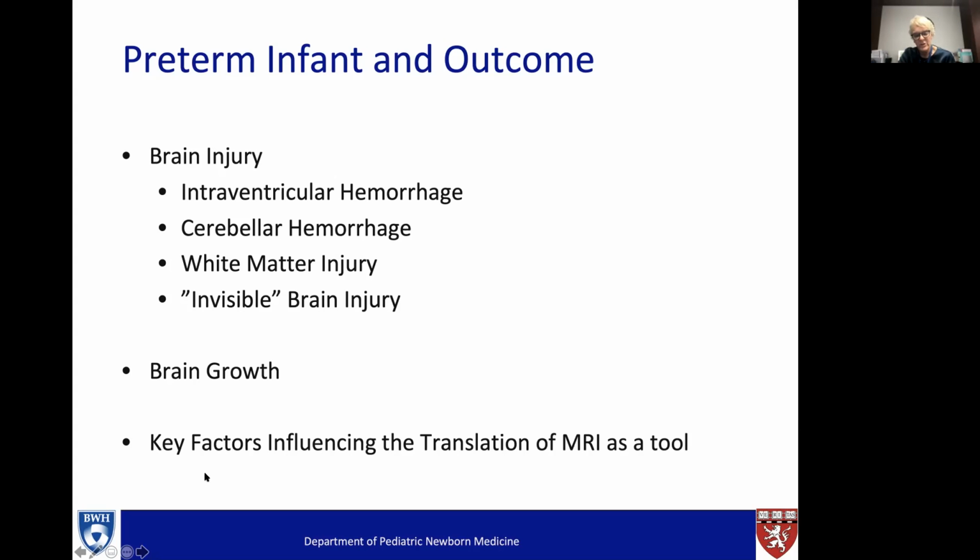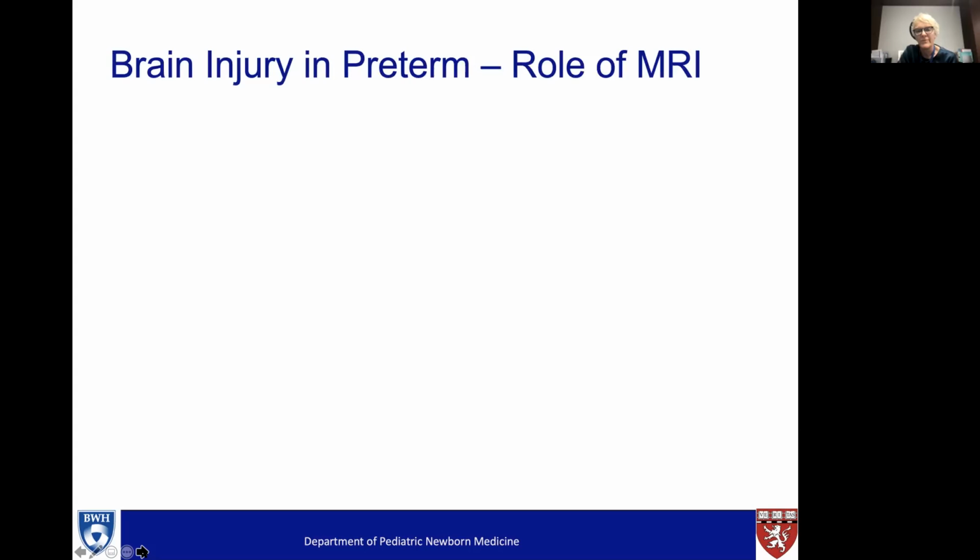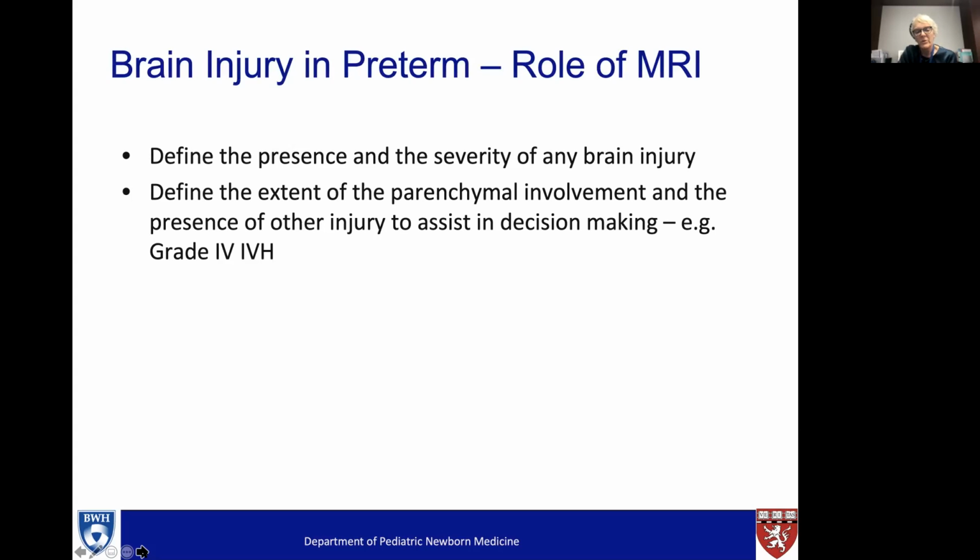Part of the gap between understanding what happens in preterm birth and outcomes relates to brain growth and the fact that we haven't centered ourselves on formally evaluating that. And finally, for both the term and the preterm, there are key factors that influence the translation of MR as a tool. So for the preterm, I really think MR has a role in defining the presence and severity of any brain injury. And this parenchymal involvement may be able to assist in decision-making, such as very extensive parenchymal bleeds or grade 4s.